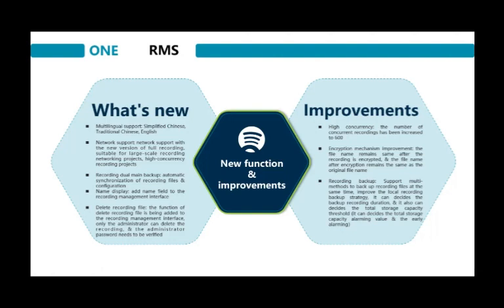And specifically the improvements, so we highlight the improvements. Here, the number of concurrent recordings has been increased up to 600 channels. And for the encryption mechanism, the file name remains the same after the recording is encrypted, the same as the original file name.